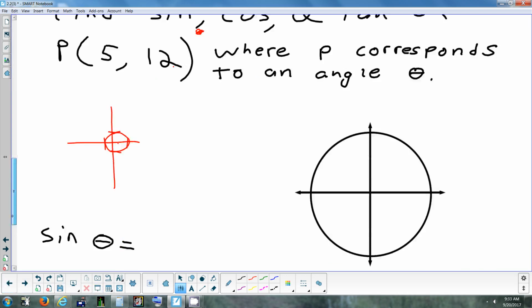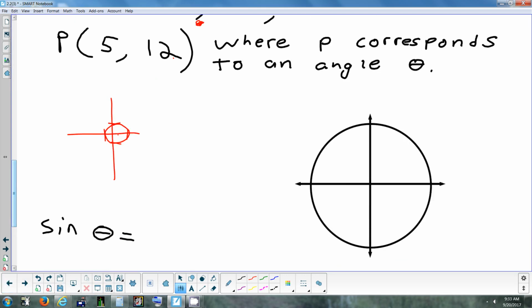Okay, so it doesn't have to be exact, but let's just pretend we go right 5, up 12. Something like that. We go up more than we go to the right. Okay, I'm going to make a radius, make my triangle.